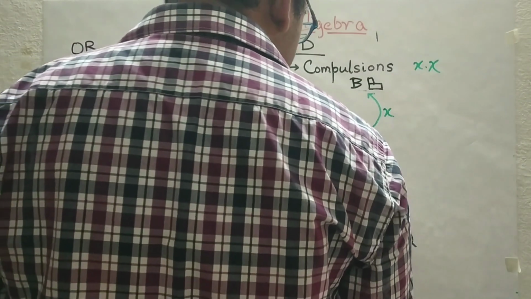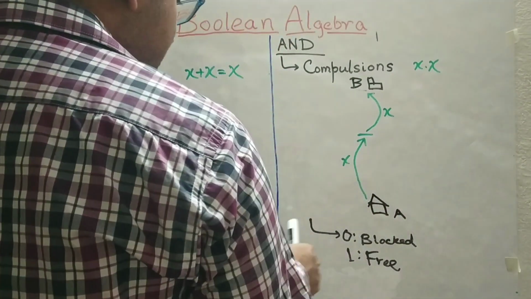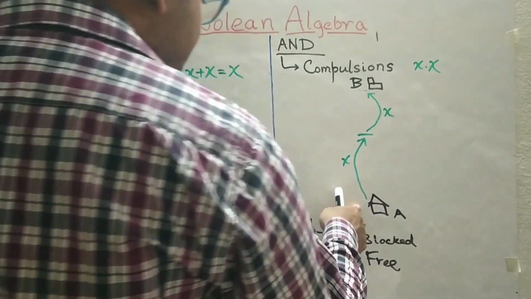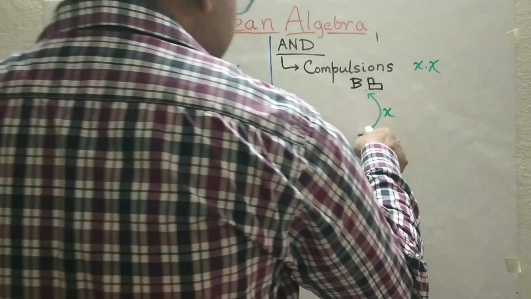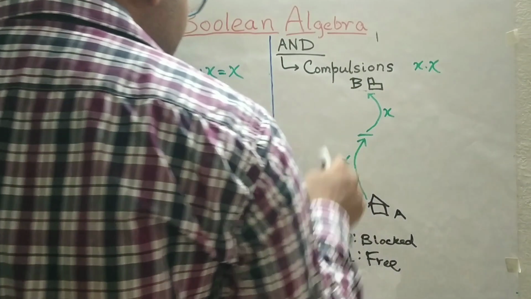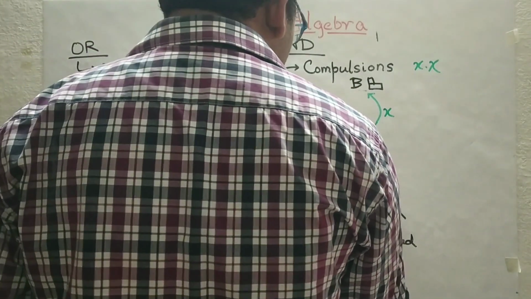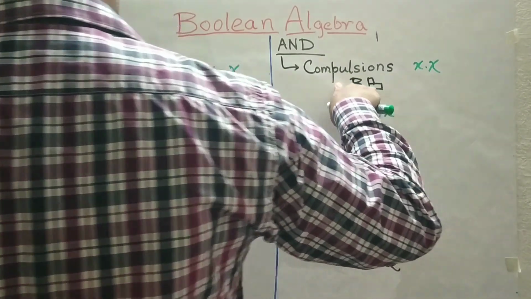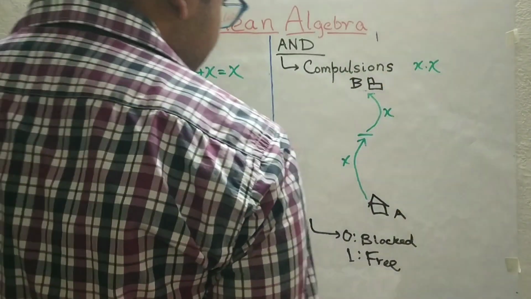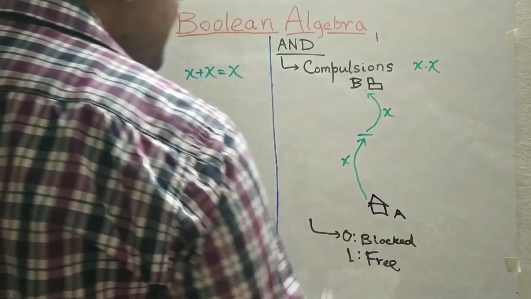Whatever the state of x, meaning the state of the road from this point to this point, the same is the state of the road from this point to this point. So if from this point to this point the road is blocked, then from this point to this point also the road is blocked. Ultimately the road is blocked, and you are knowing that from x itself.